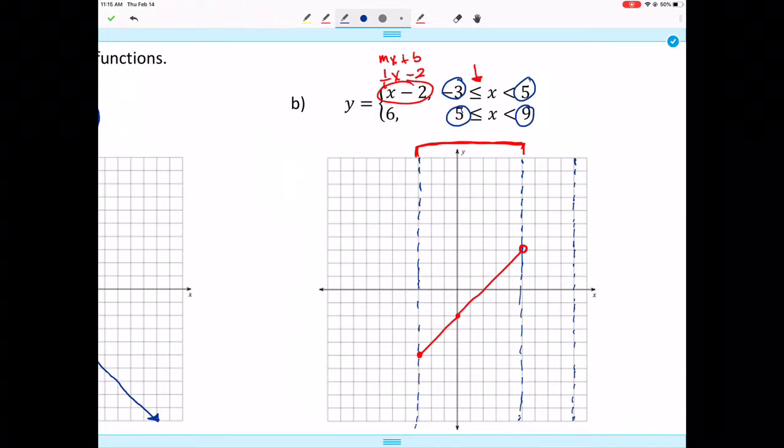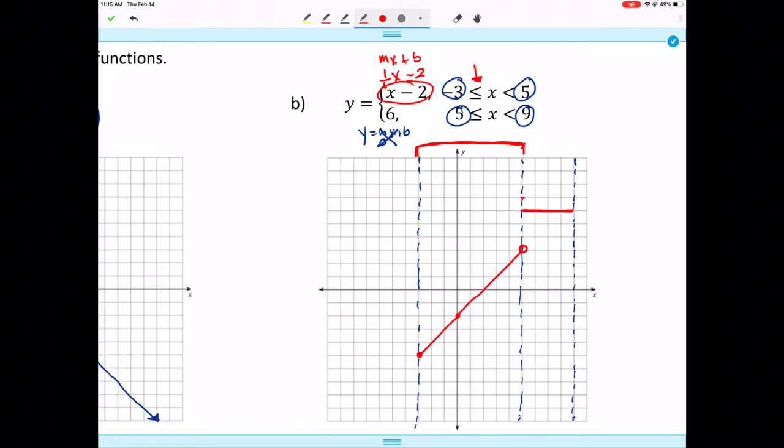If we did y equals mx plus b, the slope here obviously is 0, because we don't even have an x in there, so we just have y equals b, where b is our y-intercept. And the intercept is at 6. So it doesn't matter what x value, it's always going to be 6. So we would come here, okay, it was a little too high, right here. So this would be the equation y equals 6, and that is only between 5 and 9.